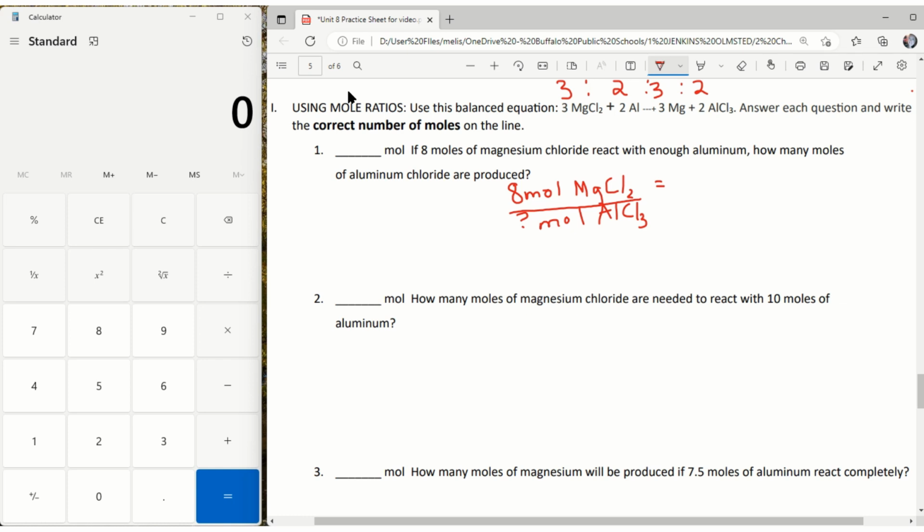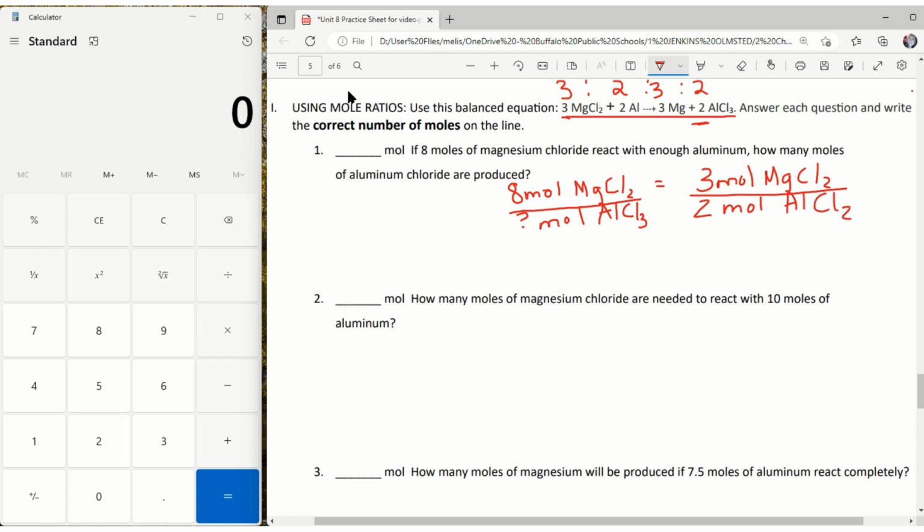So the ratio from this balanced equation tells me all about magnesium chloride and aluminum chloride. It says that if I have 3 moles of magnesium chloride, I will get 2 moles of aluminum chloride.